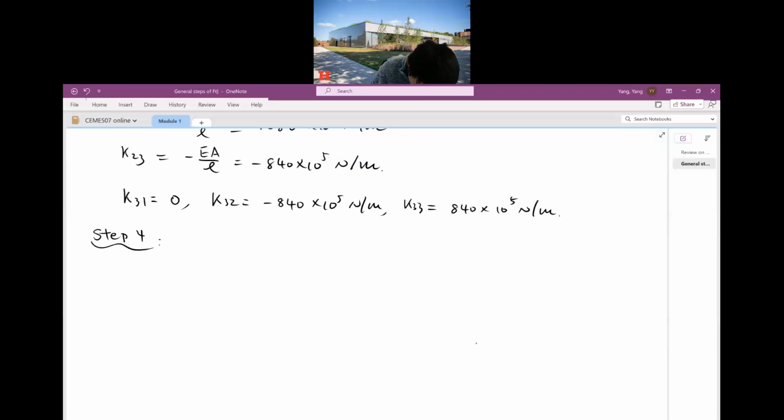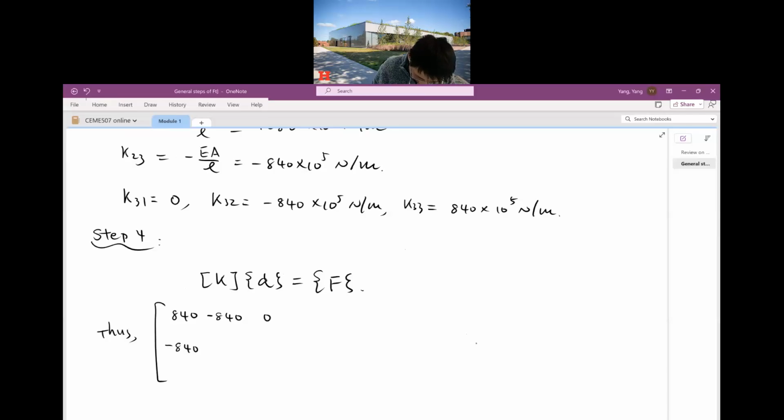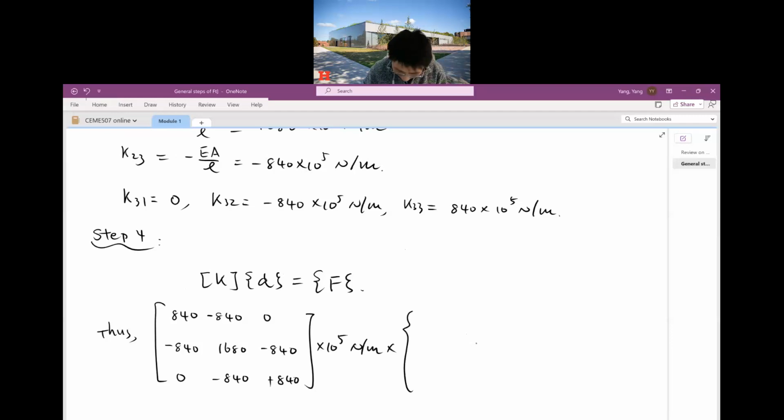You have the K times D equal to the force, so we just write down all the numbers of the stiffness matrix, times 5 meter times the displacement.